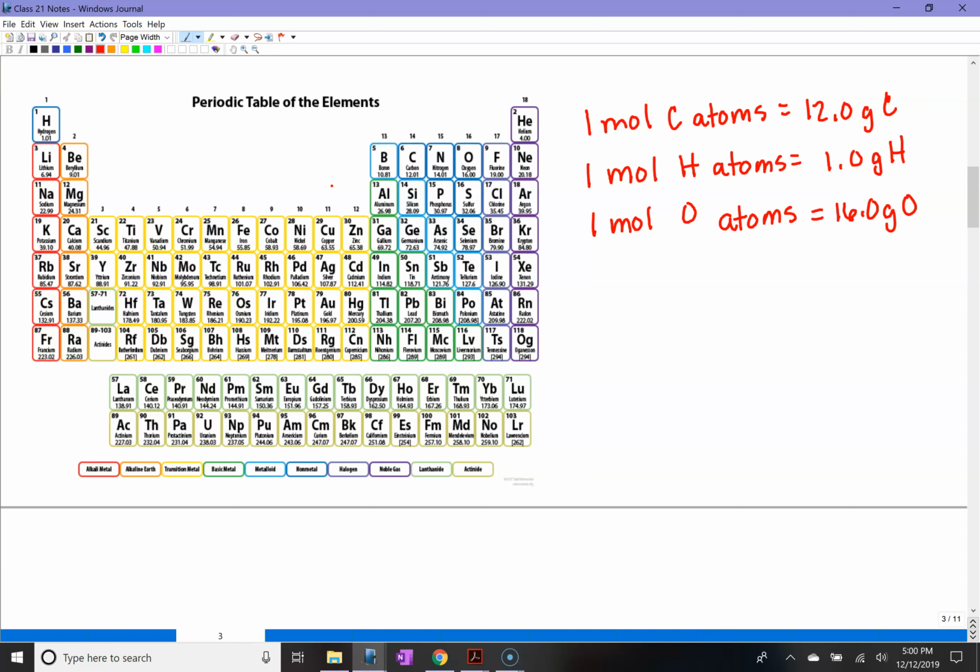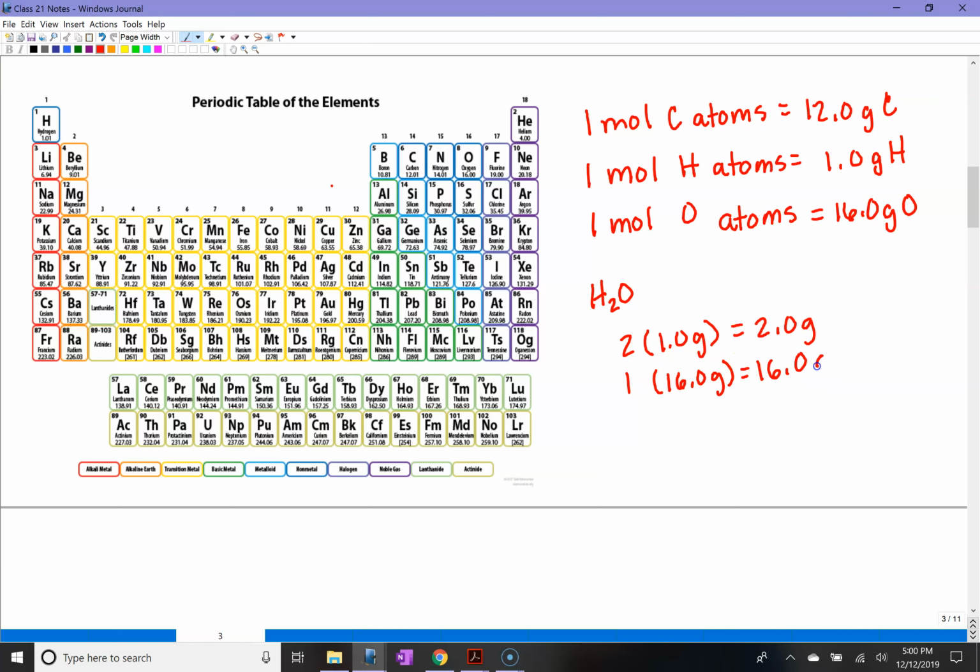Now, if I have a compound like H2O, I have 2 atoms of hydrogen, and each hydrogen has a mass of 1 gram. So that's going to give me a mass of 2 grams from hydrogen. I have 1 mole of oxygen atoms, which has a mass of 16 grams.